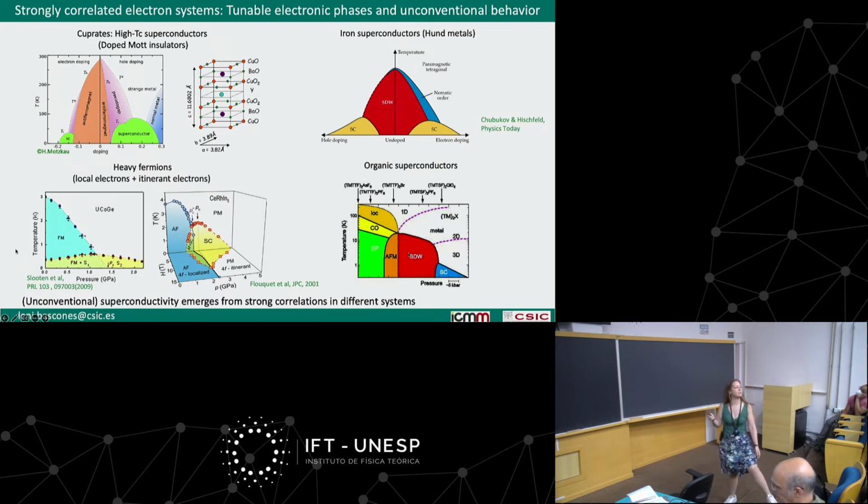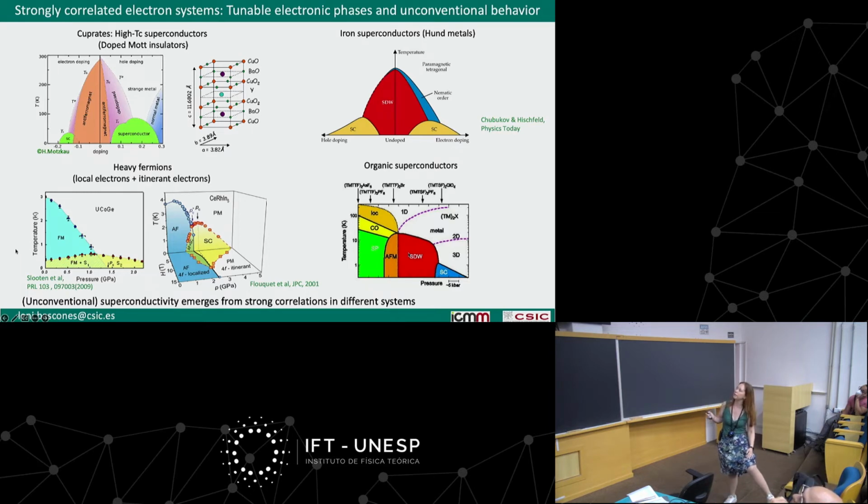This Hund coupling, which makes the spins of electrons order in an atom, plays a very important role. We have heavy fermion systems in which some electrons tend to be more local and some others tend to be more itinerant, so the effect of the interactions is different for them. Or we have here some organic superconductors.